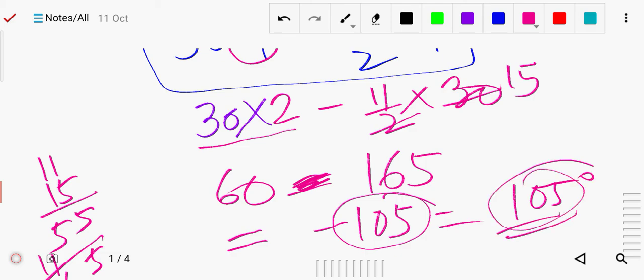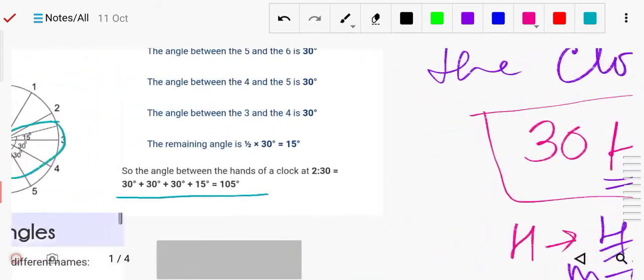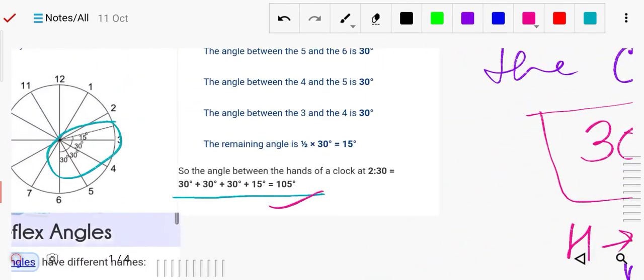Earlier we also got 105, so this is based on the formula.